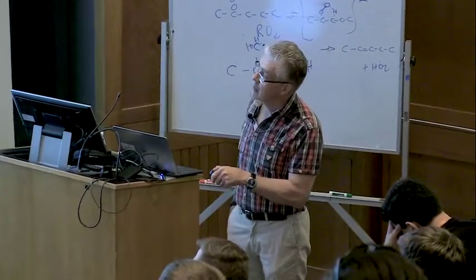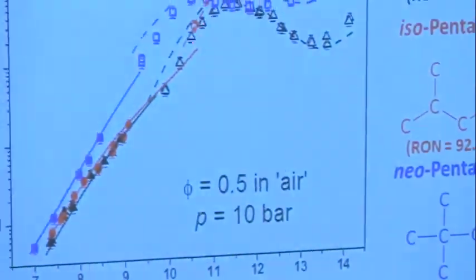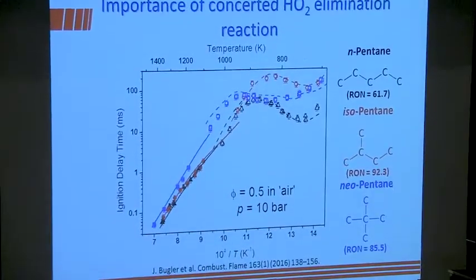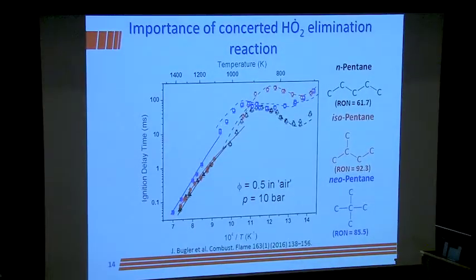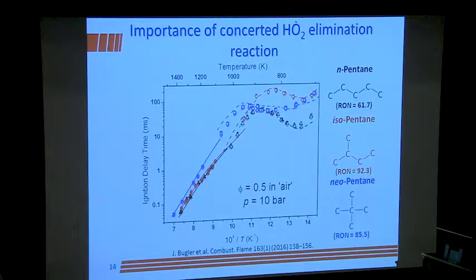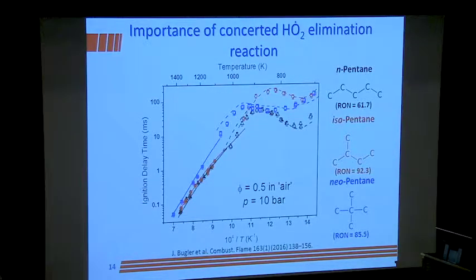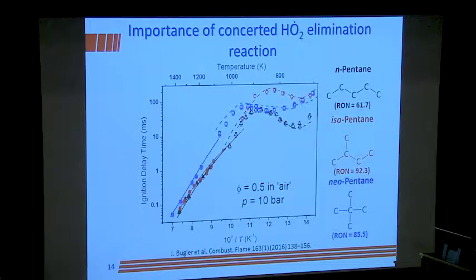So you get somewhat similar concerted elimination in N-pentane and isopentane, but you don't get it at all for neopentane, and hence its reactivity is much lower in that intermediate temperature regime. Okay? Because you're not producing HO2 from that concerted elimination for neopentane. Okay? So there's a lot of very rich chemistry here.